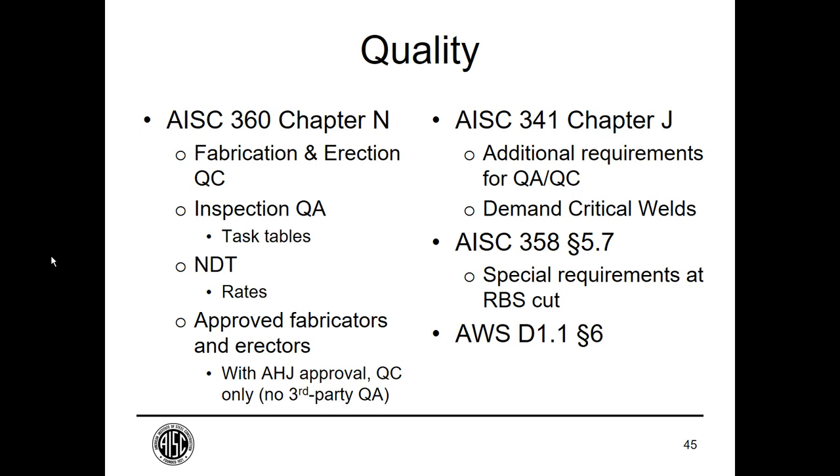Then AWS D1.1 Section 6 has quality requirements, and D1.8 Section 7 has quality requirements. All of these things are required by our building code to make sure that the built structure can reliably behave as it's been assumed to behave in the analysis and design.